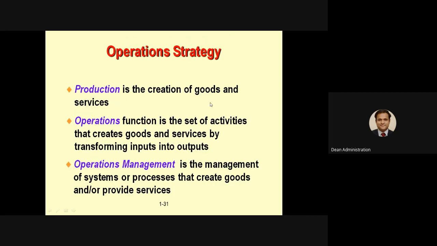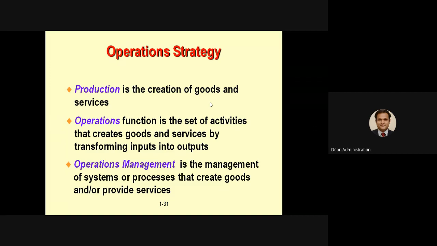Okay. So this leads to the definition of operations strategy. Production basically is the creation of goods and services. For production, you have various operations. Any product that has to be manufactured has to be manufactured with a series of operations.